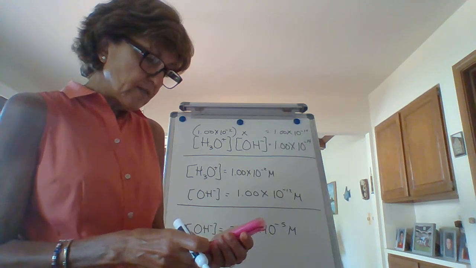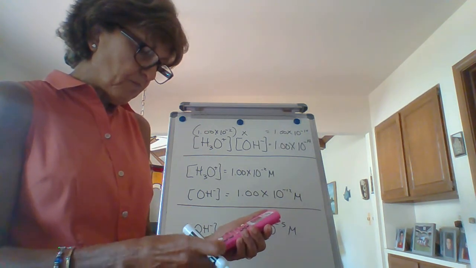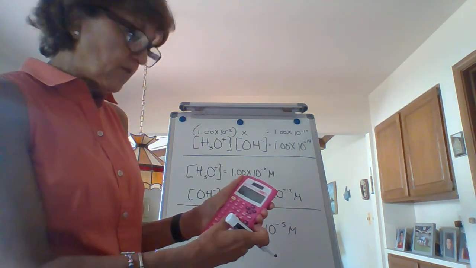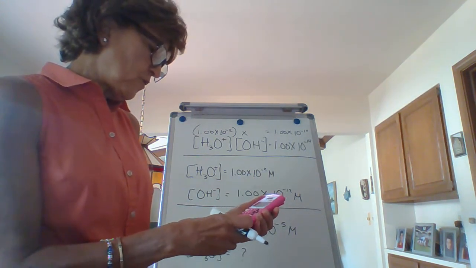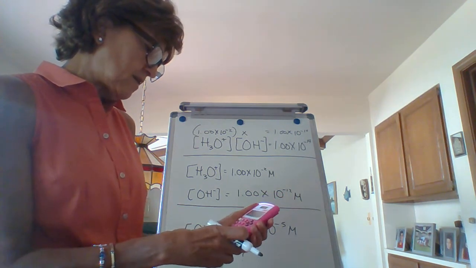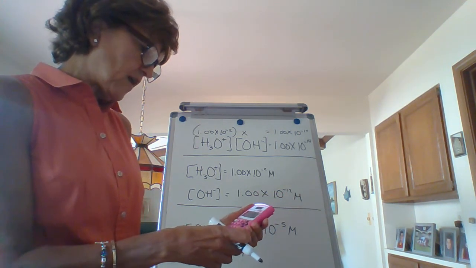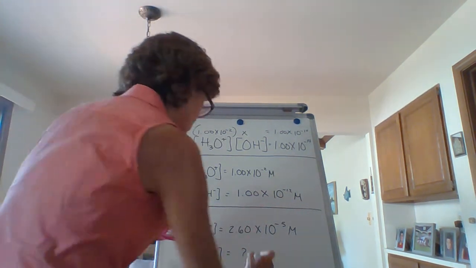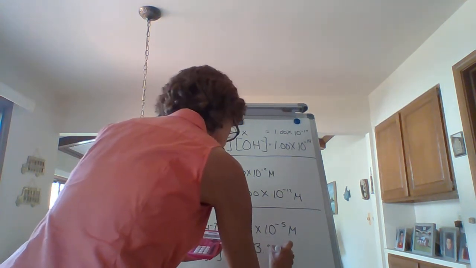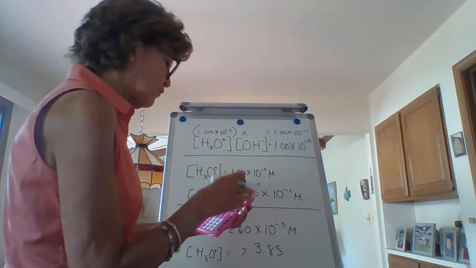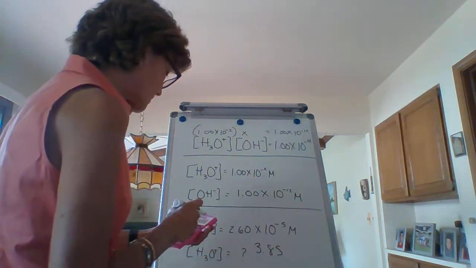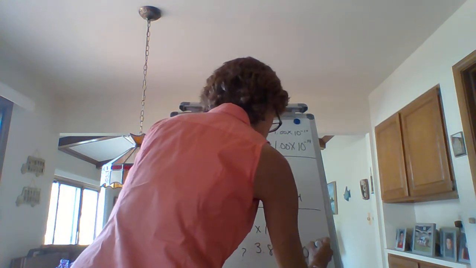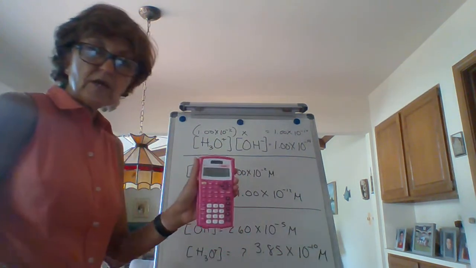I'm going to go 1 times 10 caret minus 14 divided by, open parentheses, 2.60 times 10 caret minus 5, close parentheses, equals, I get 3.846, but I'm going to round it to 3 sig figs, 3.85 times 10 to the minus 10 molar. Okay, that's what I got here.